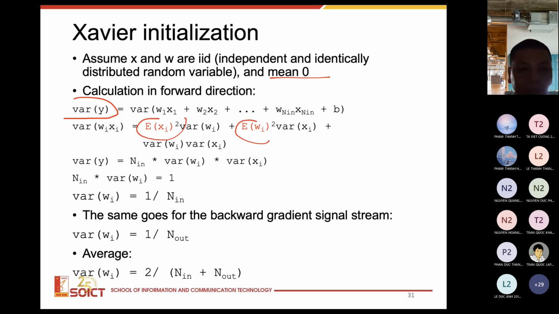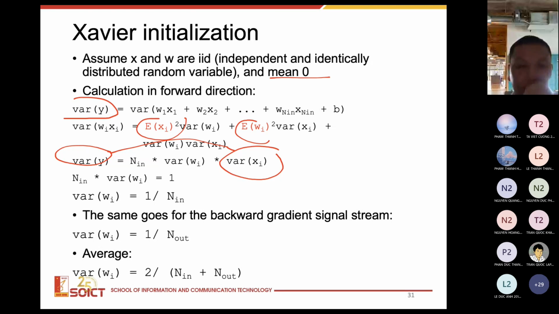Okay, so assume that we want no change in the variance between y and x, where y is the output at that layer of the neural net.